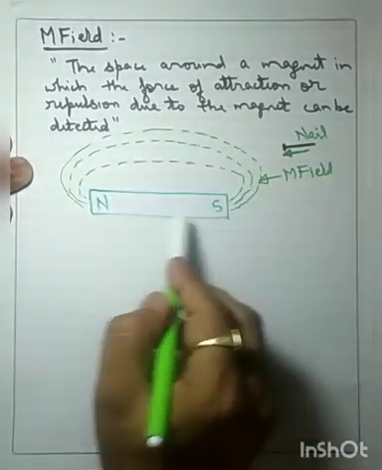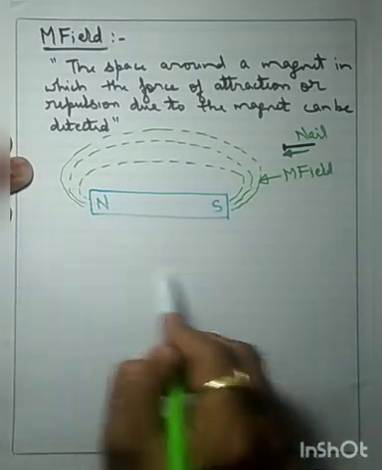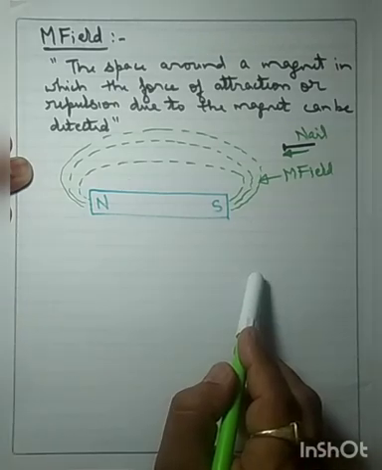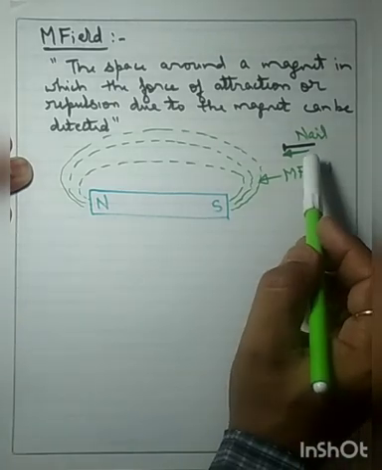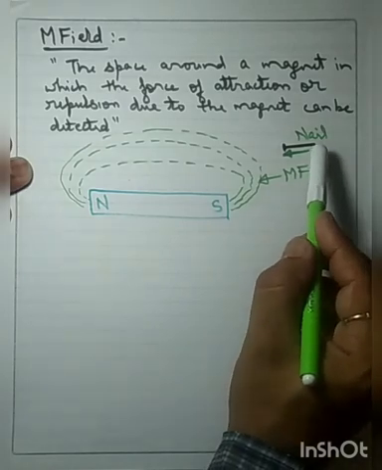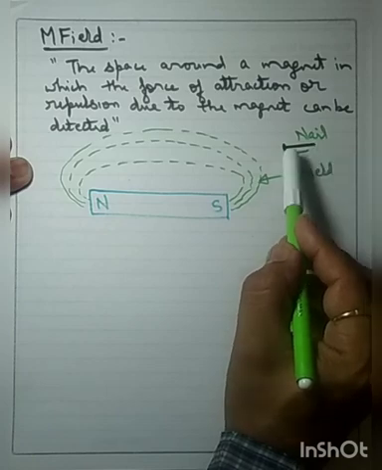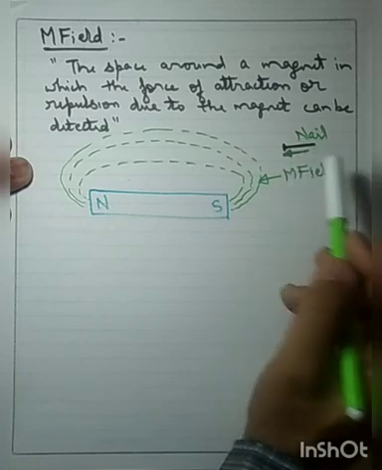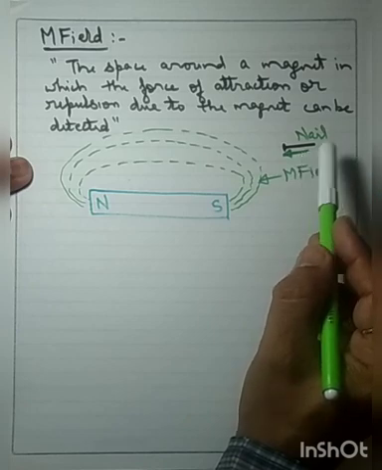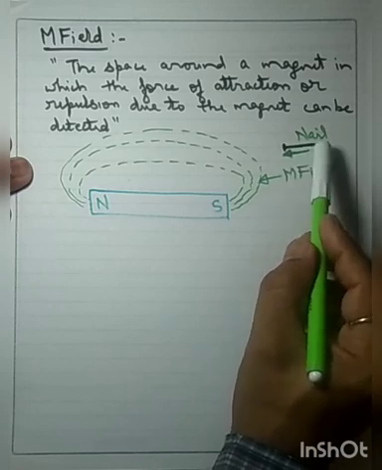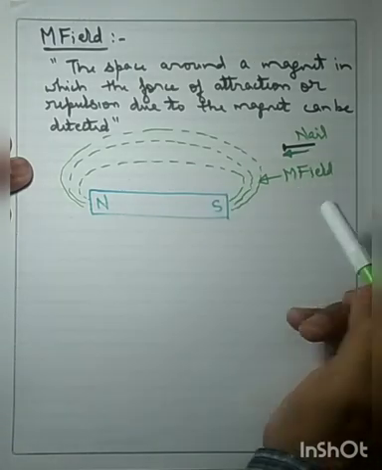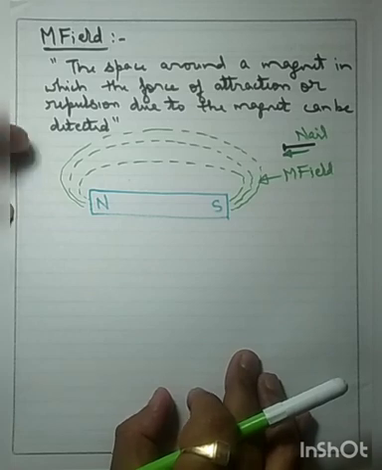So this is known as the magnetic field, which shows the force of attraction or repulsion on the magnetic object, or on the object which is made up of iron, and it gets that object near to this magnet, and in this way that object gets stuck to the magnet.